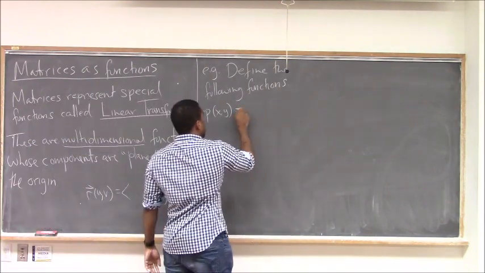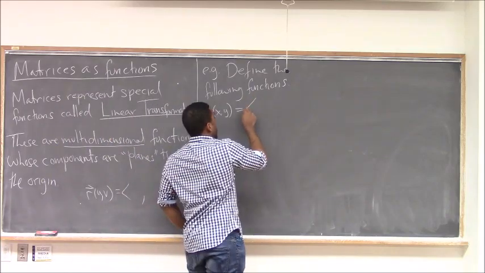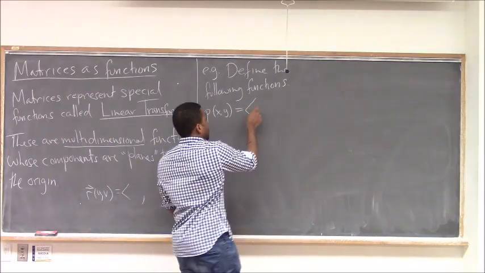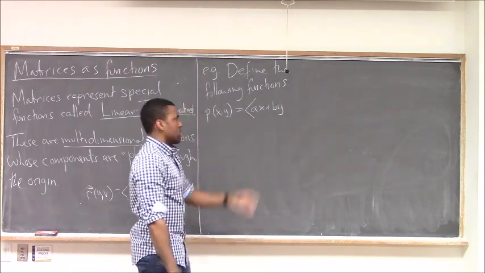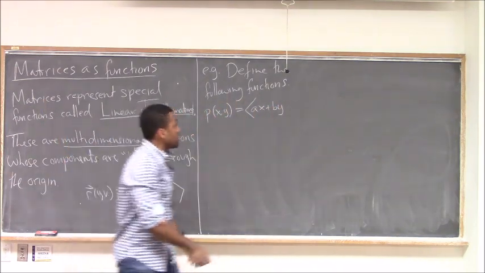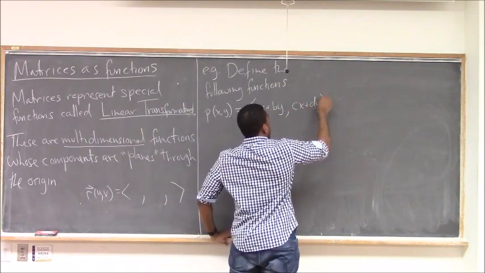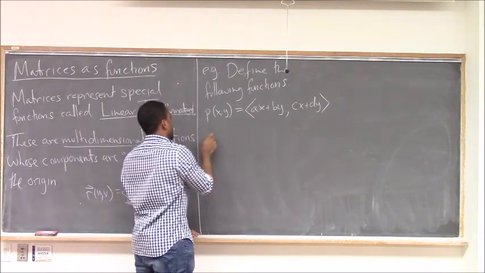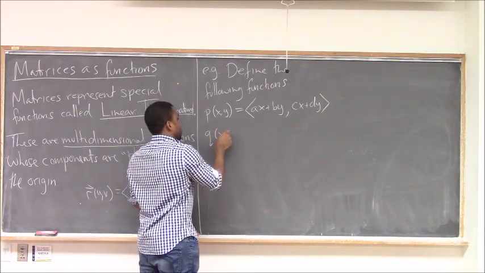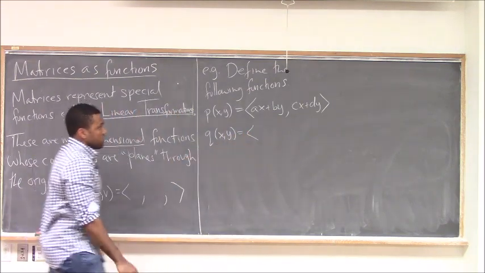And now my output isn't just a single variable, it's actually a vector. So let's say it outputs into something like this: ax plus by, where your a and b are constants, so it could be a 2 and a 7 or whatever, comma, cx plus dy. Or I could talk about q of x, y. Let's say that goes from 2 dimensions to 2 dimensions as well.